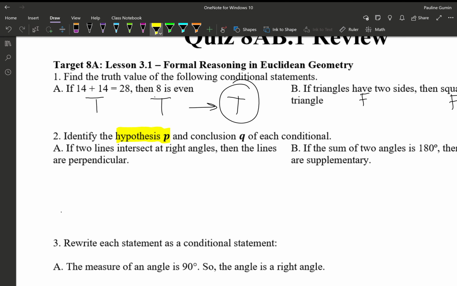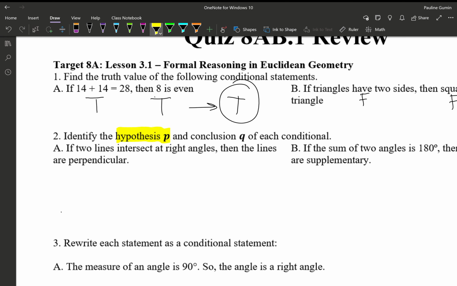In number 3, I'm going to rewrite these statements as conditional statements, not just regular sentences. So number 1 says, the measure of an angle is 90 degrees, so the angle is a right angle. And this is what I came up with.